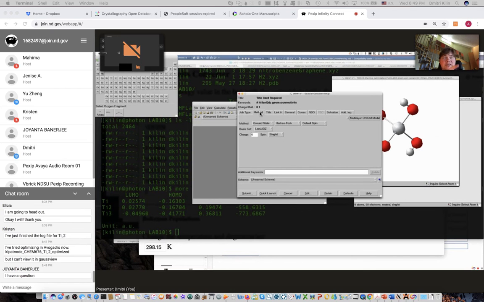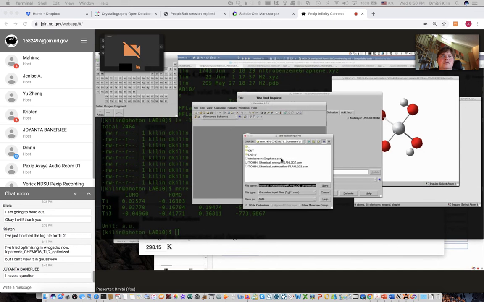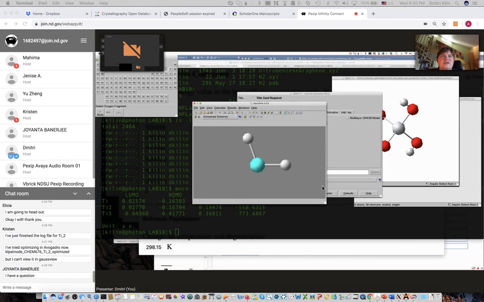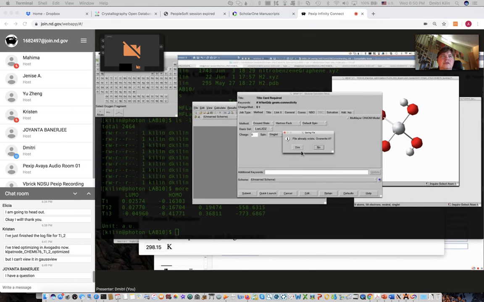But here I already modified the geometry by the broomstick, so I'm continuing from there, selecting energy, Hartree-Fock, and submitting. Save. So it has this ending broom, because yes, override, and it should ask if we want to submit it to Gaussian. Okay.